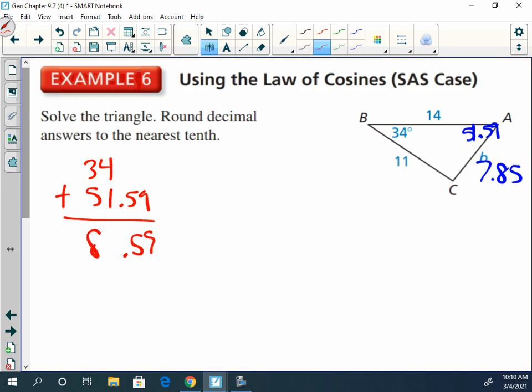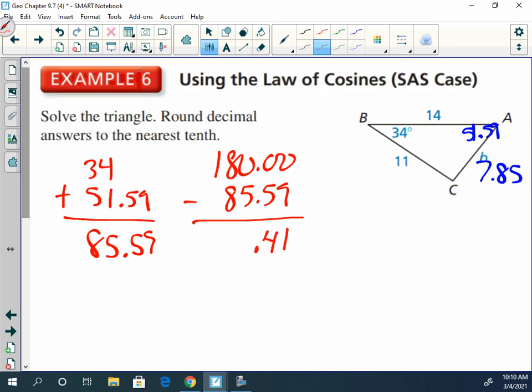If we add those together, we get 85.59. Let's write 180 first, and if we subtract this, we'll get 94.41. That would be angle C.